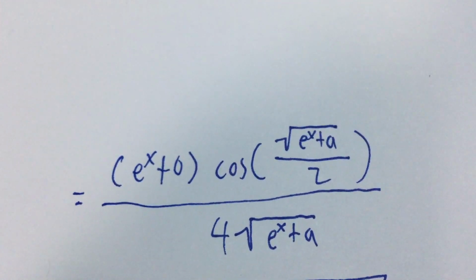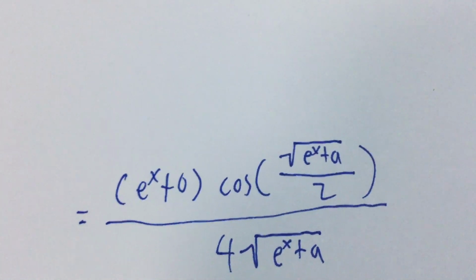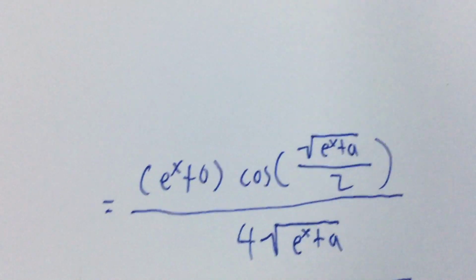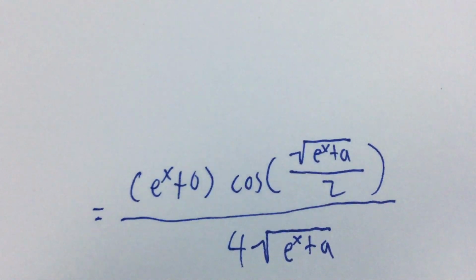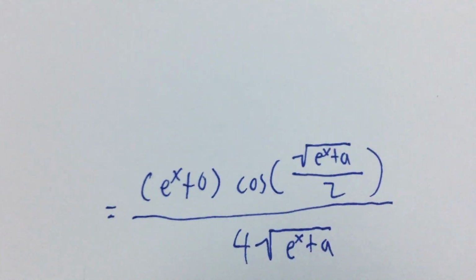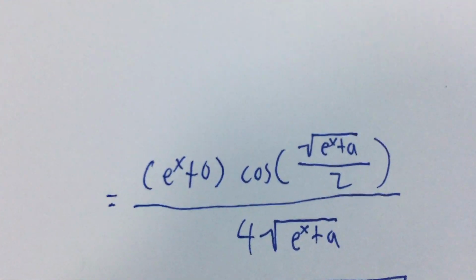So the derivative of e^x remains as e^x, and the derivative of a equals 0, times the derivative of sine, which is cosine of the square root of e^x plus a over 2, over 4 square root of e^x plus a.